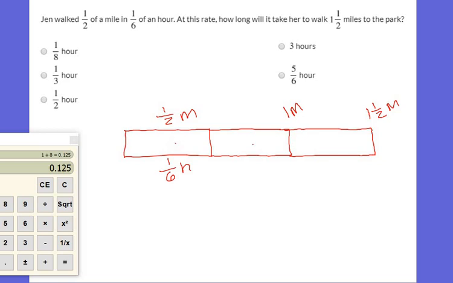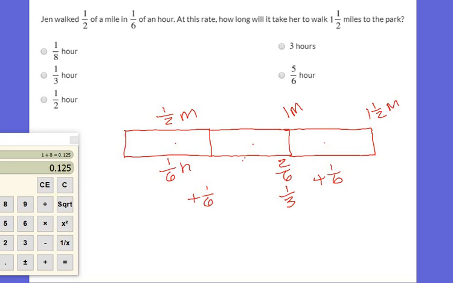So each of these sections is adding another 1/6 to it. So 1/6 plus another 1/6 gives me 2/6 for this, or 1/3. Then I need to add another 1/6 because each section represents 1/6.